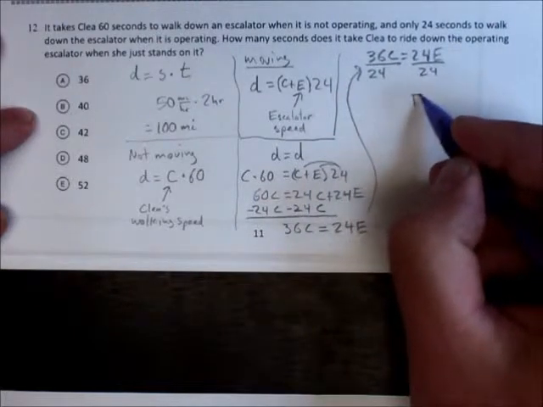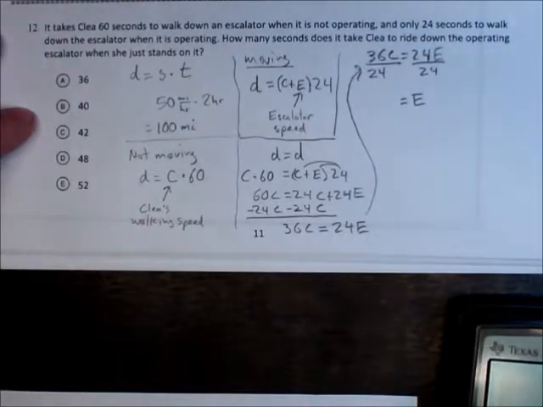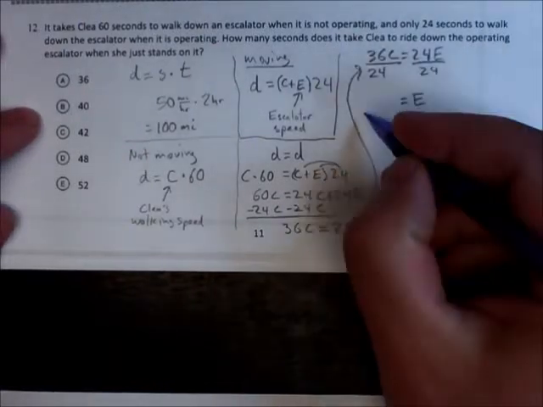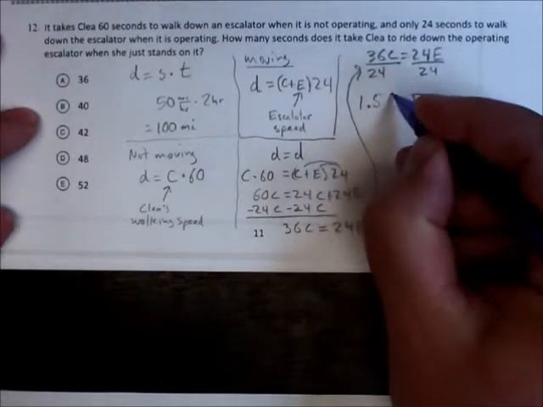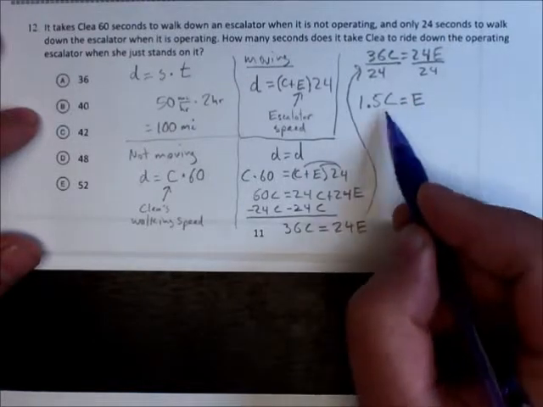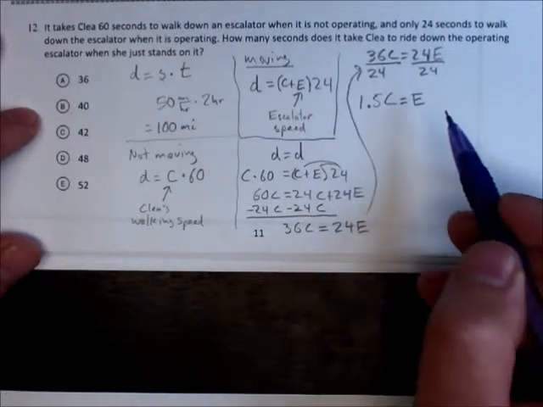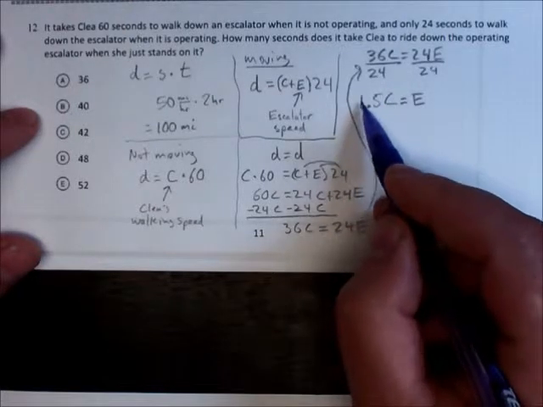And E is equal to, I'll just turn that into a decimal, 36 divided by 24, 1.5C. So what this means is the escalator is moving 1.5 times faster than Clea when she just walks. Okay.